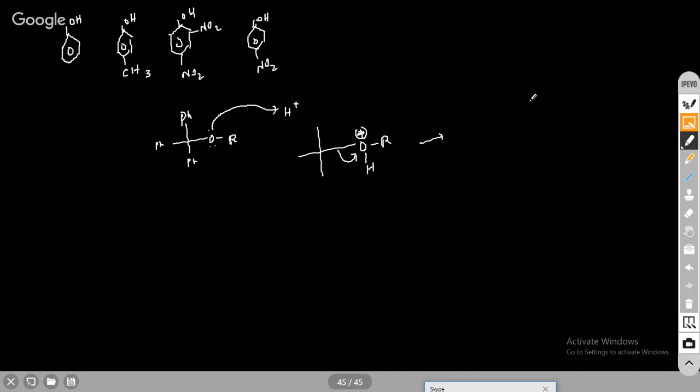This bond will break and we'll get one carbocation here plus ROH. This is what happened, right? And then some OH minus will attack onto this and we'll get the product. So basically we have to see in which of these given options this carbocation will be stable. That is what the question is.